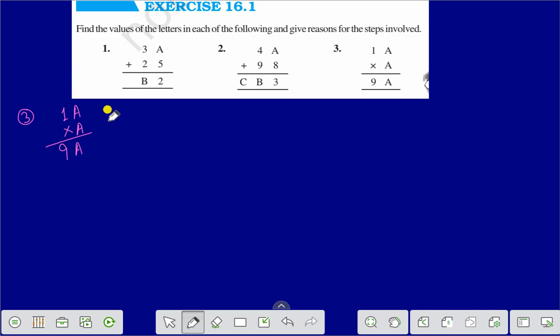Here you see that the multiplication of a with a itself gives a number whose ones digit is a again. You see a into a is a.